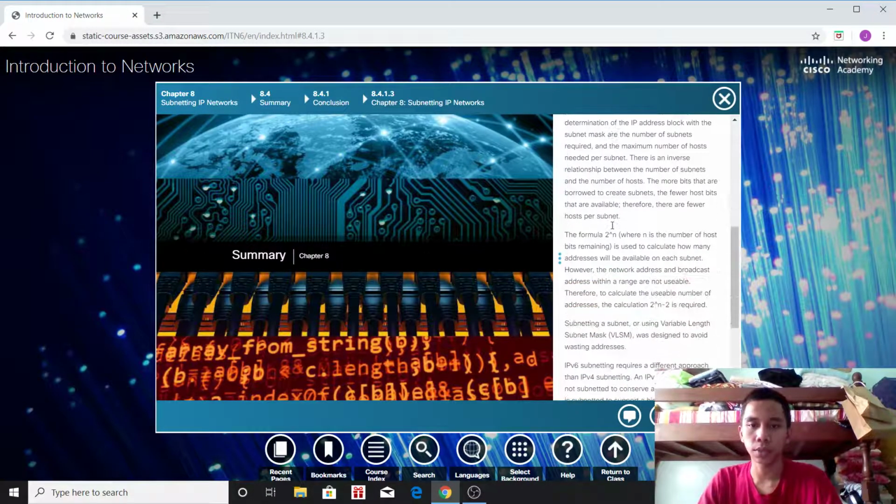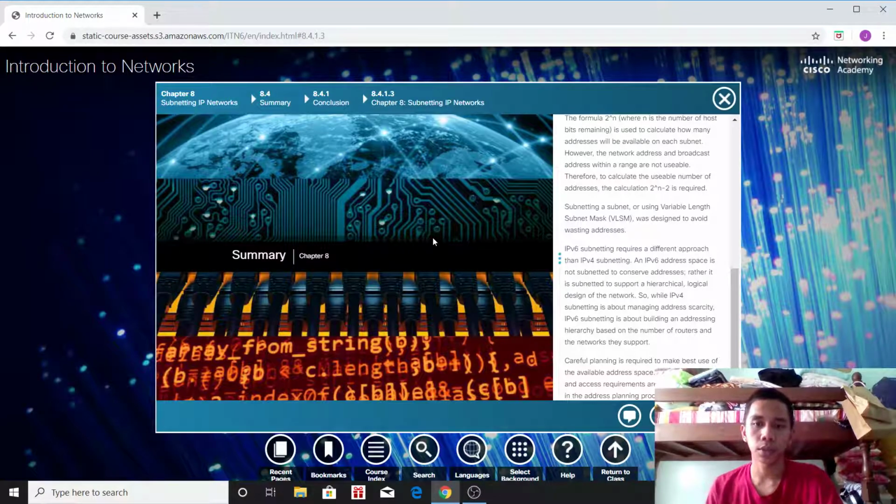In IPv6, subnetting requires a different approach than IPv4 subnetting. An IPv6 address space is not subnetted to conserve addresses. Rather, it is subnetted to support a hierarchical, logical design of the network.